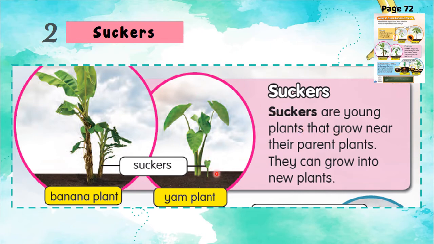This is the suckers and this is the parent plant. They can grow into new plants. The suckers will eventually grow into new plants like their parent plants. For example, banana plant and yam plant.